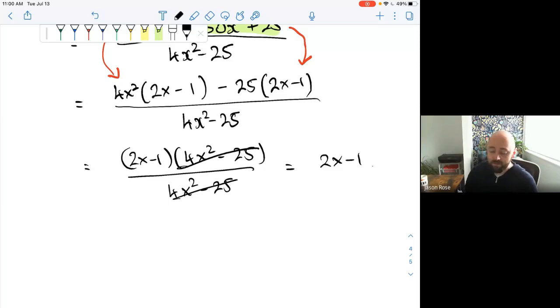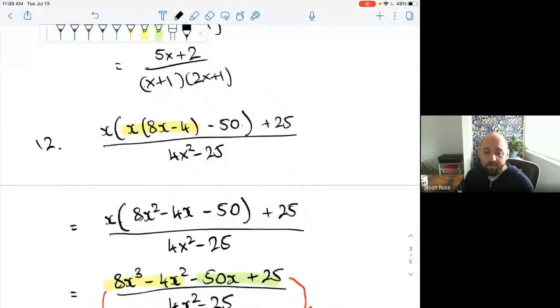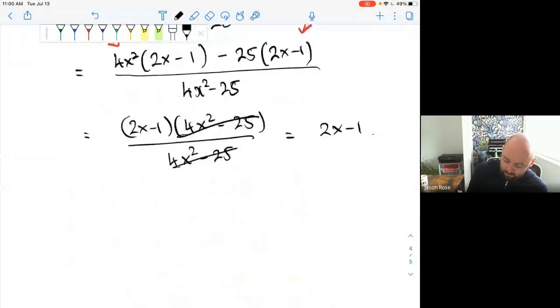So the final answer for this one, as nasty as it looked when it started, this x times 8x minus 4 minus 50 plus 25 and so on, all divided by 4x squared minus 25, simplified all the way down into 2x minus 1.